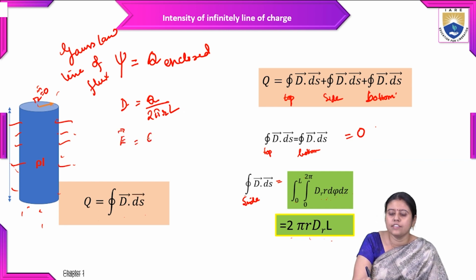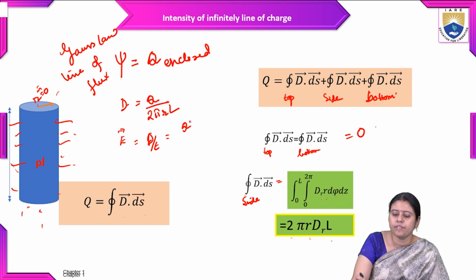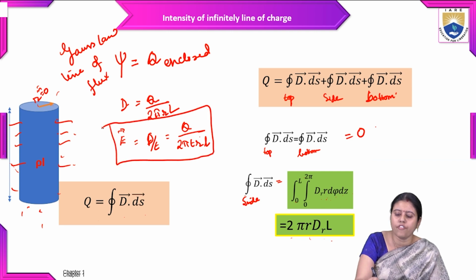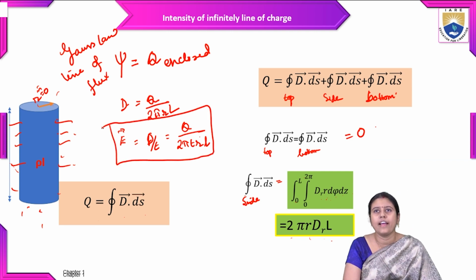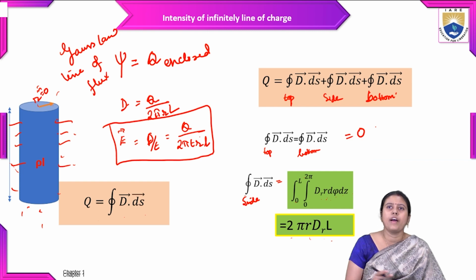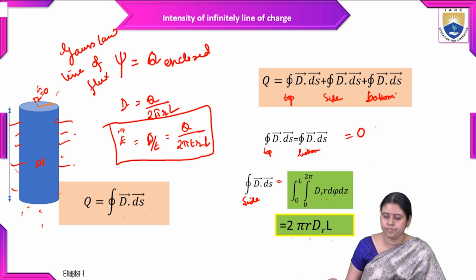Field intensity E is equal to D by epsilon. So we can write E is equal to Q by 2π epsilon r L. So this is the intensity of a long line.